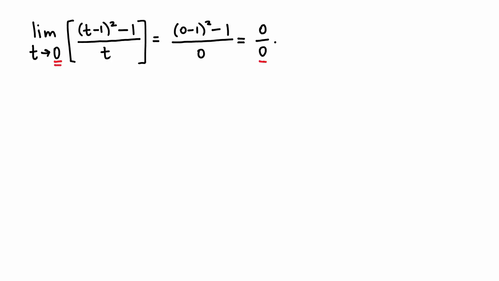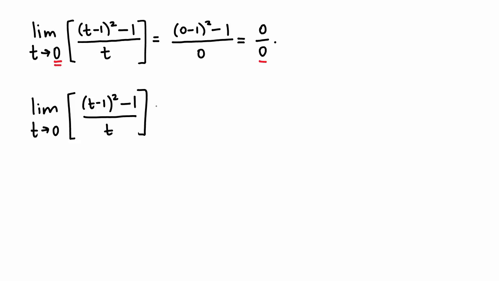So what will work here is the technique called expand and simplify. So I'm going to restart the problem by rewriting the limit as t goes to 0. Again, I'm rewriting the limit to indicate to everybody that I'm going to try something new, that I'm starting over from scratch.